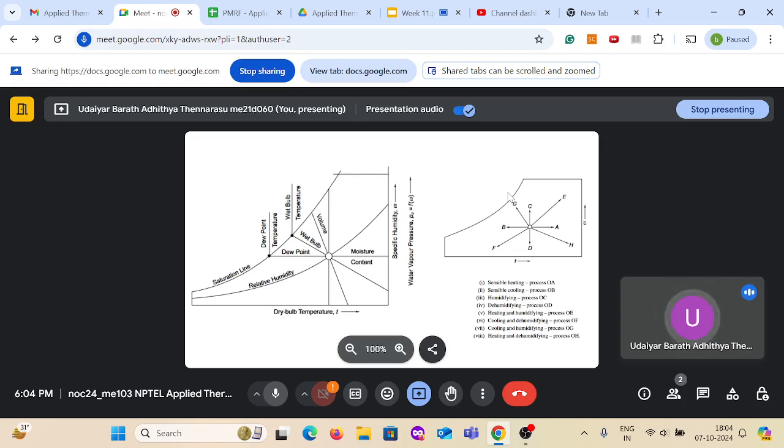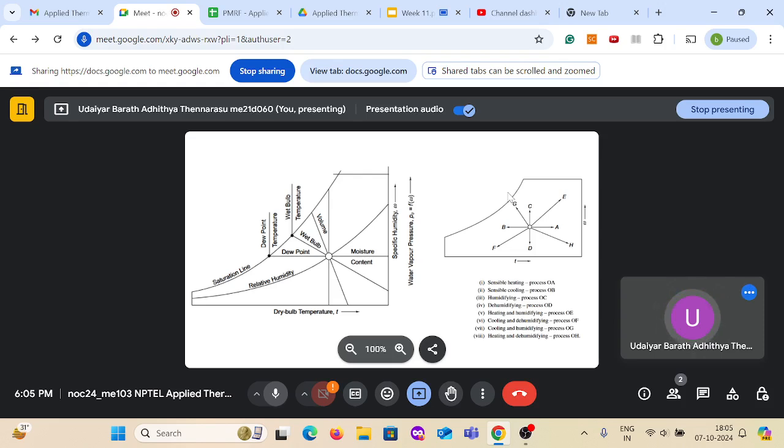It's called a thermodynamic wet bulb temperature, but a simpler way of measuring this wet bulb temperature is you have a thermometer, you put a wick or a cotton cloth on the bulb of the thermometer, and this is dipped in water, and if you rotate it or air flows over it, it will pick up some moisture from it.